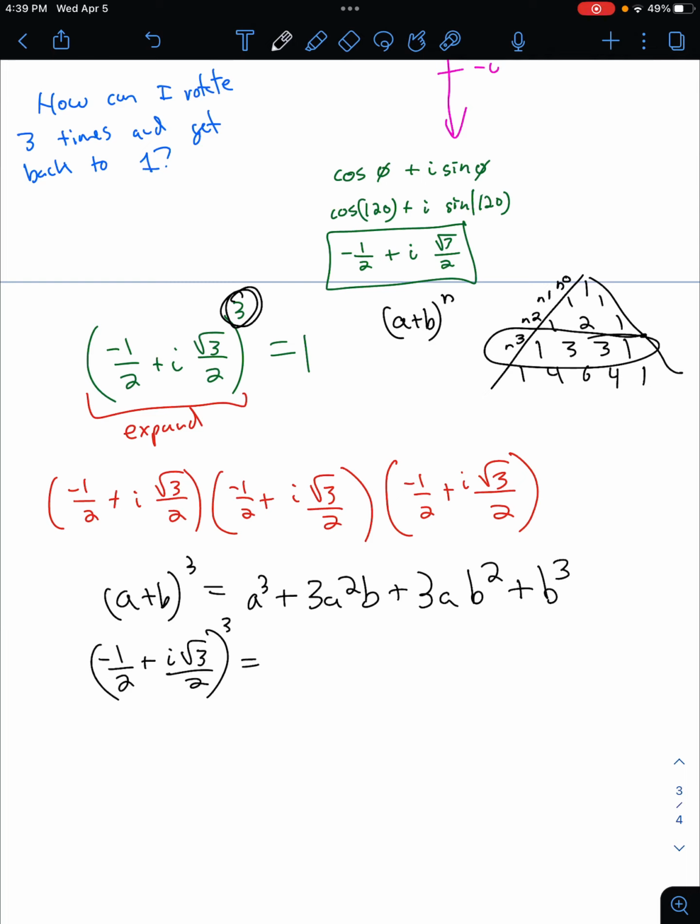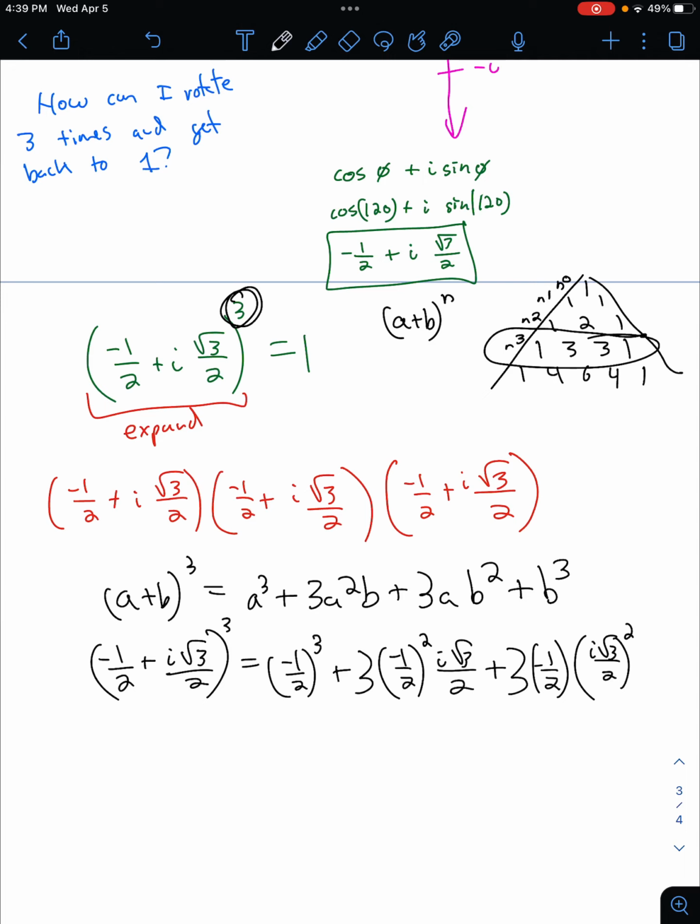So if I expand this, a cubed is negative 1/2 cubed. 3a squared, well, a was negative 1/2. b is i square root 3 over 2. Then 3a is negative 1/2. b squared is i root 3 over 2 squared. And then our final part is b cubed, i root 3 over 2 cubed.